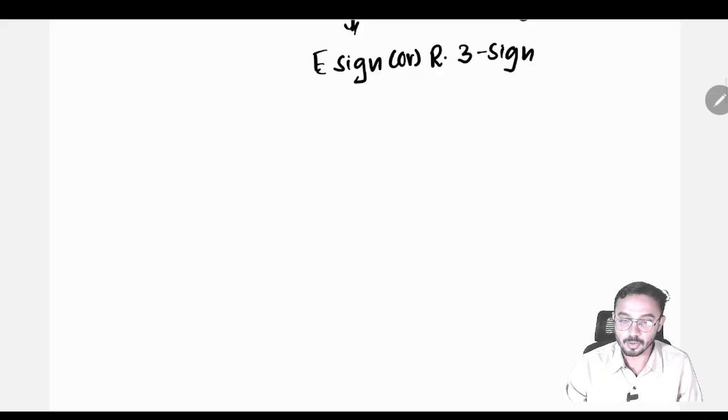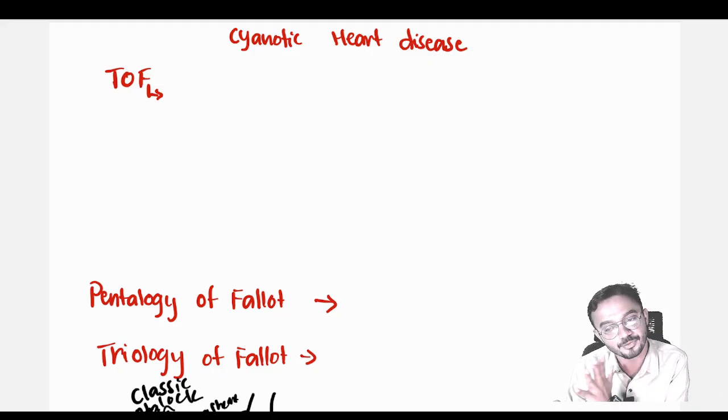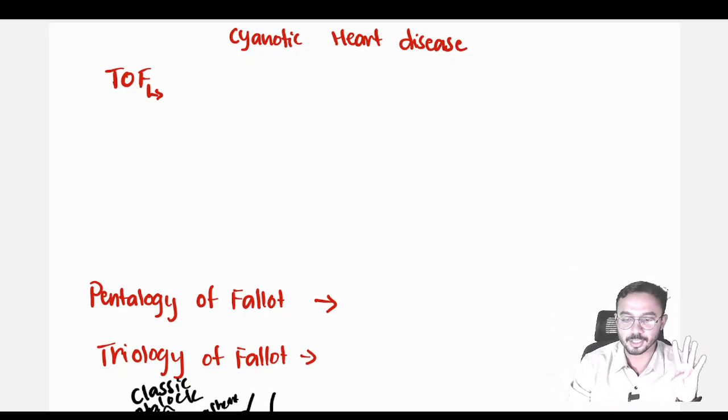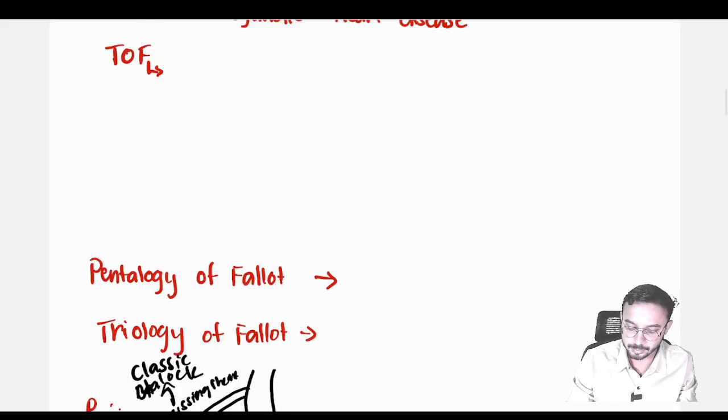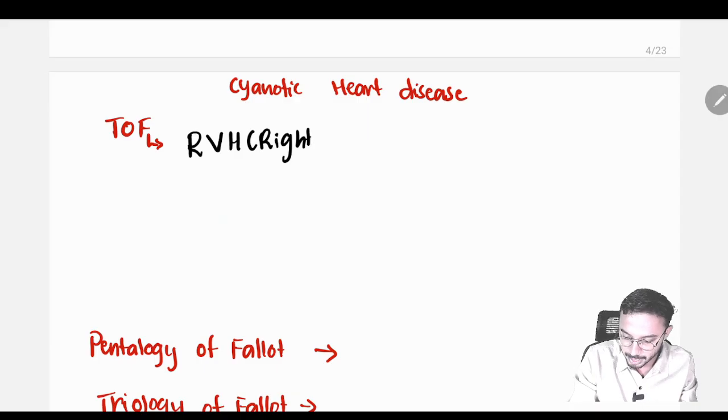Now let's move to cyanotic heart disease. First is tetralogy of Fallot. This is the most common cyanotic heart disease. TOF is nothing but tetralogy of Fallot. Tetra means 4 components. What are the 4 components? One is RVH, right ventricular hypertrophy.